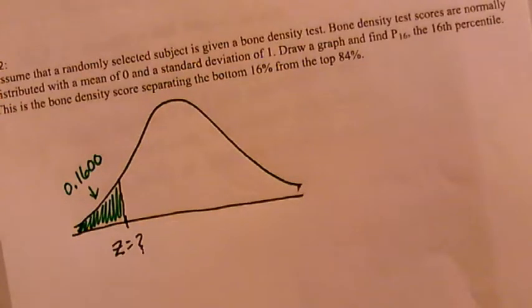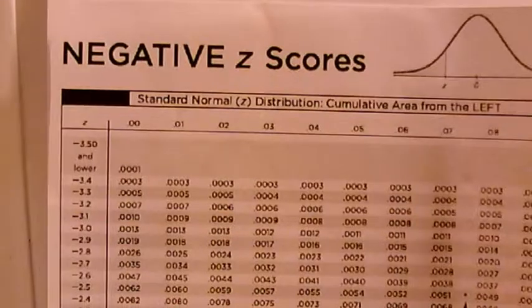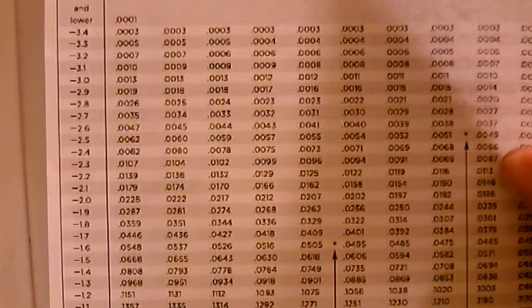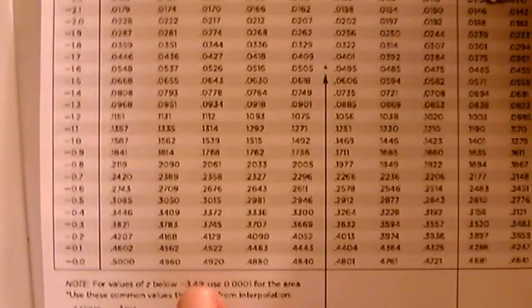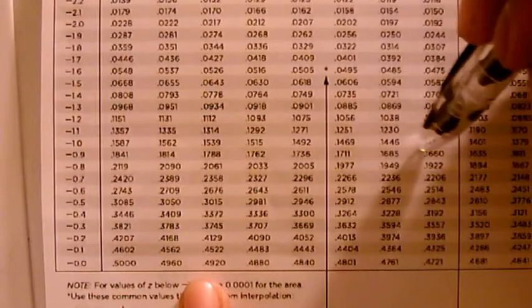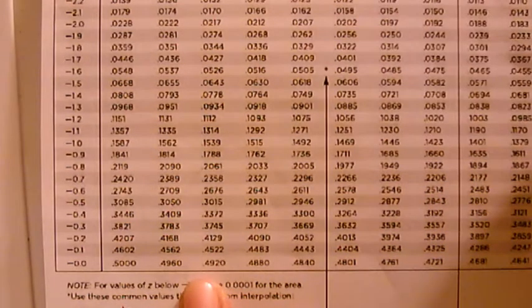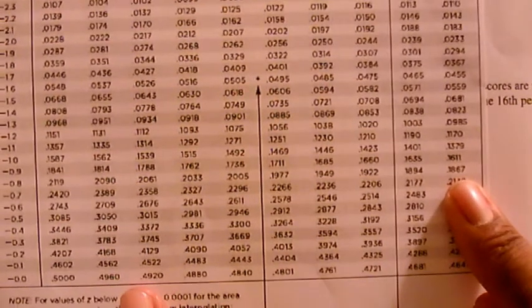So we're going to have to use the one that says negative z-scores and find a number that's closest to 0.1600. By looking at this, you have to go a little bit further down here. And I found it, 0.1611.